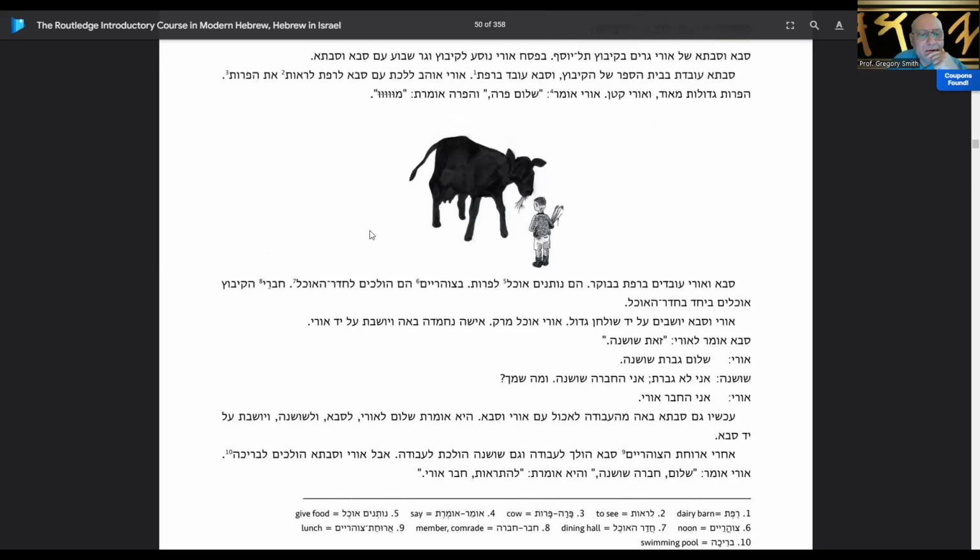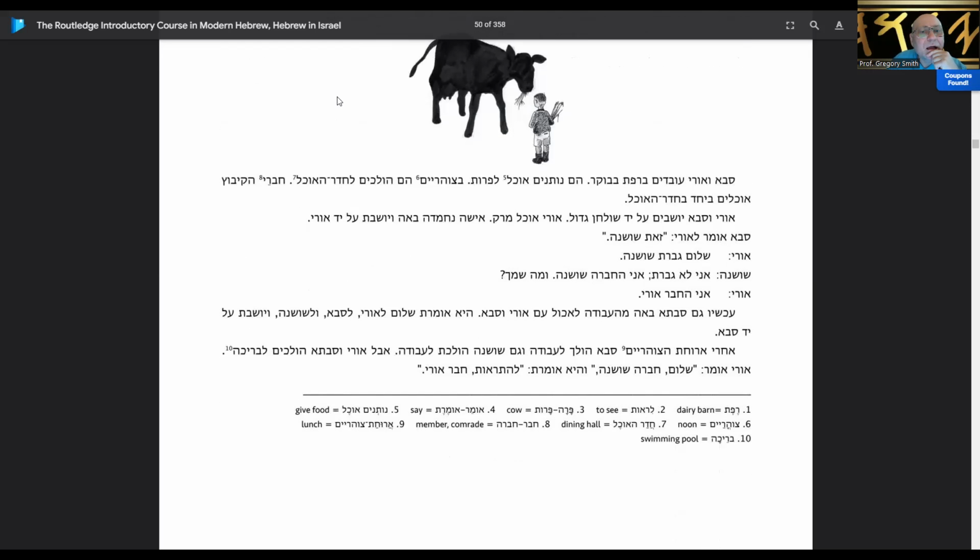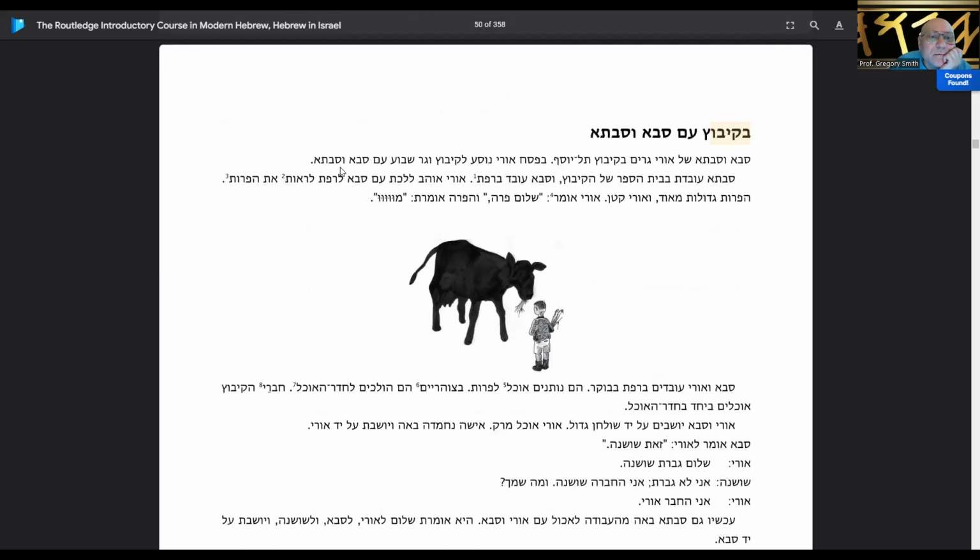Okay, so lir'ot et hafarot. He wants to look at the cows. This et right here is really not translatable. It just marks the object.